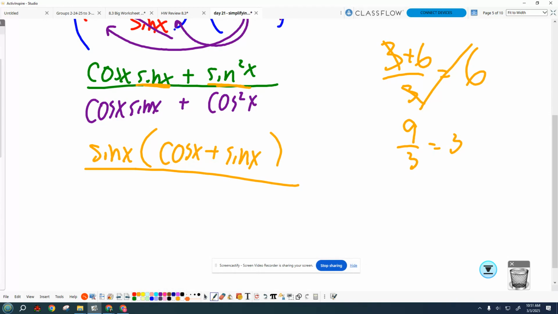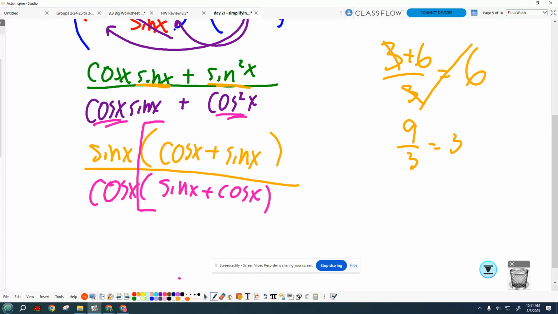But that's all right, we're cool with that. In the bottom, what if I factor cosine out of both of them? What's left in the bottom if I take cosine out of that first term? If you take cosine out, it'd be sine plus cosine. All right. Now here's the question. They don't look the same.